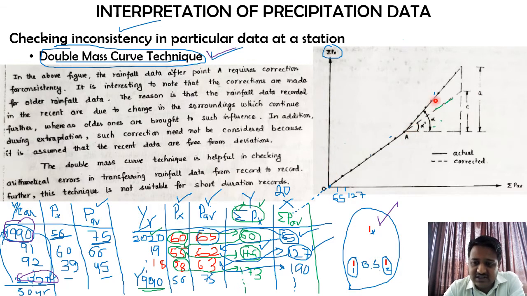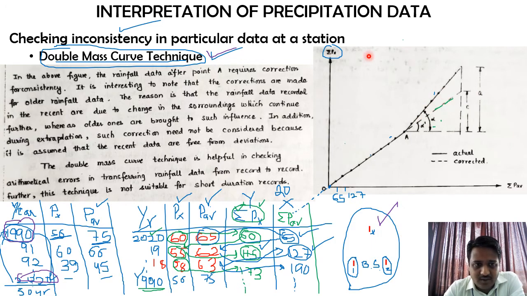Whereas for the previous years, this data will not be correct. Now, the double mass curve technique is helpful in checking the arithmetical errors in transforming the rainfall data from record to record. So this double mass curve technique basically helps you bring down these rainfall data values to the corrected values.